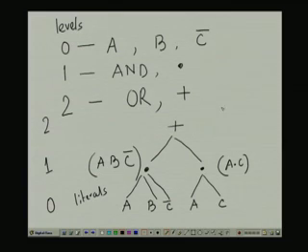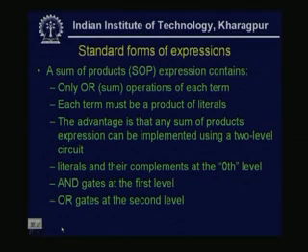The second level becomes A B C bar plus A C. So, this is my function f, f equal to A B C bar plus A C. This is the advantage, that we can always represent in this way, and if we represent in sum of product form, then it can always be realized by 2 level AND-OR logic.